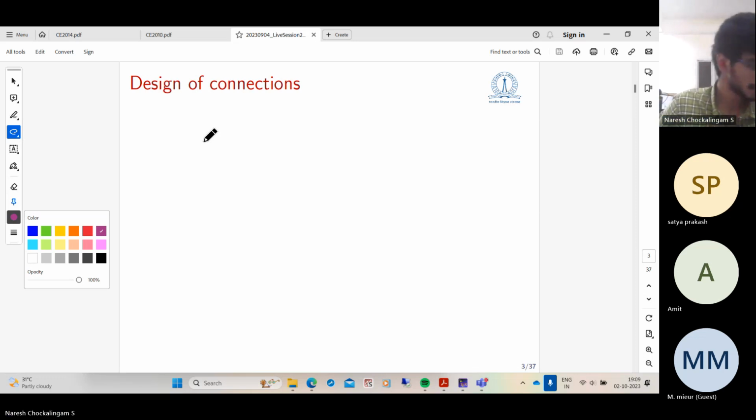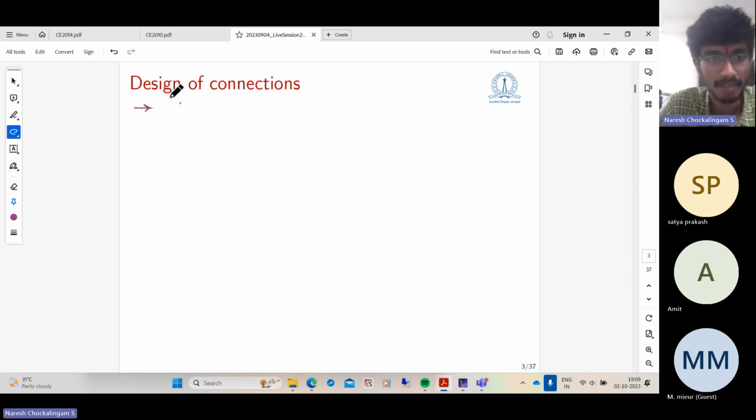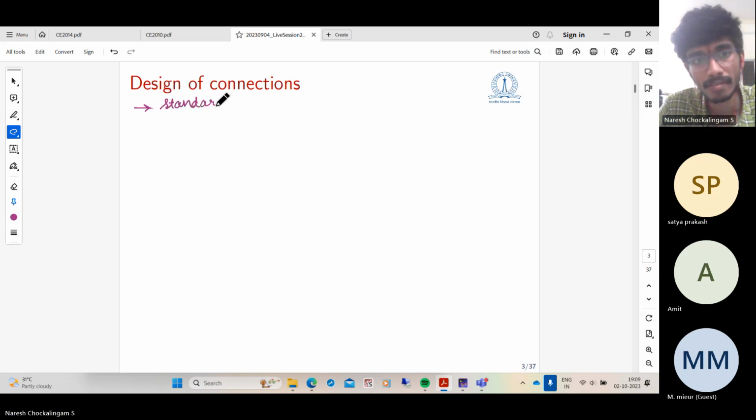So the reason we have connections is, one, because standard members have specified shape and size.